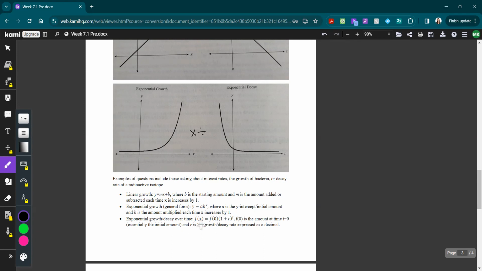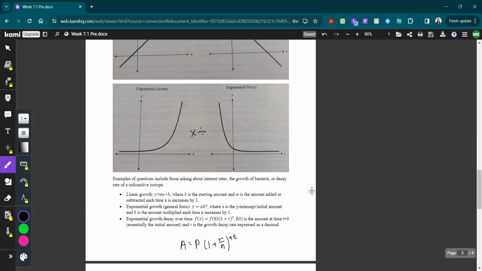Now exponentials, it's a little funky depending on the situation. Generally, with interest rates or interest questions, more specifically, it's A equals P times 1 plus R over N to the power of NT, but that's specifically for interest.